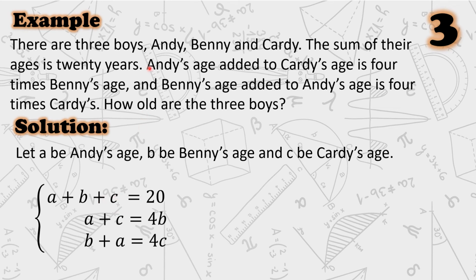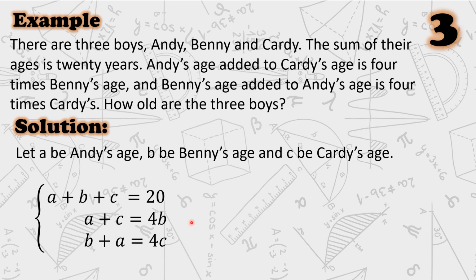For the next equation, we have Andy's age added to Cardi's age is 4 times Benny's age. So we have A plus C equals 4B. For the last equation, we have Benny's age added to Andy's age is 4 times Cardi's age. So we have B plus A equals 4C. This time we already have the system of equations in 3 variables, A, B, and C.